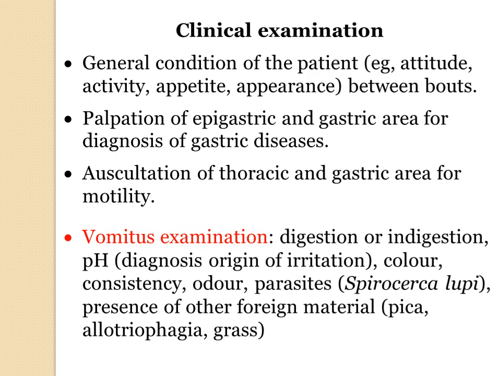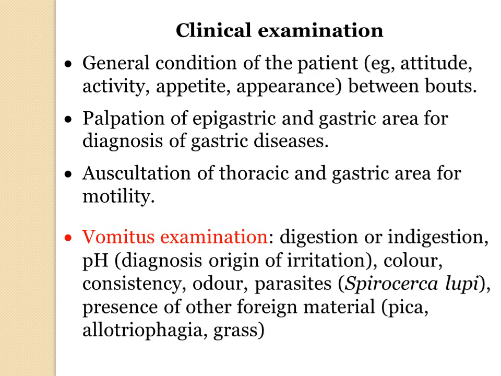The clinician examines vomitus, whether vomitus contains completely digested food or there are undigested particles. The pH of vomitus generally provides diagnosis regarding the origin of irritation, and generally when the vomitus originates from the stomach, it is acidic.